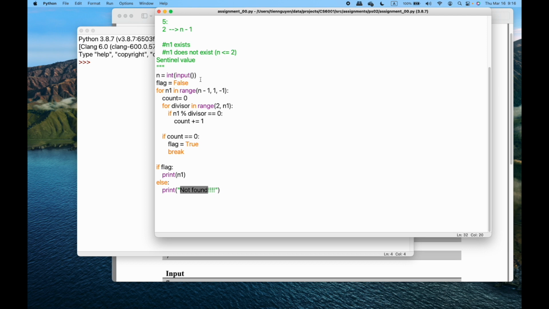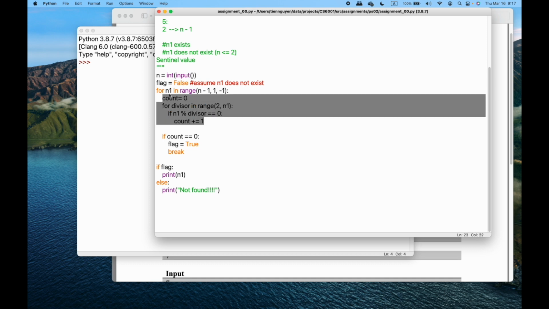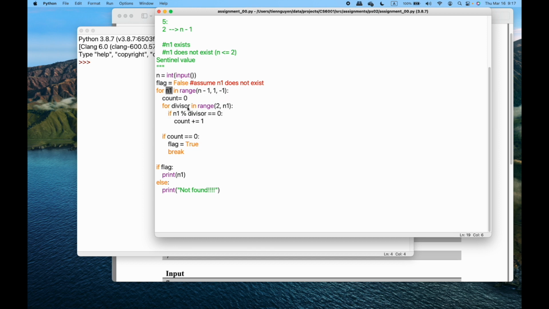To do that, we apply a technique called a sentinel value. We have a flag variable equal to false, assuming that n1 does not exist, and we go from n minus 1 down to 2, keeping in mind that 2 is included, by using the negative step minus 1. Then this is the code to determine whether the number is a prime number or not.